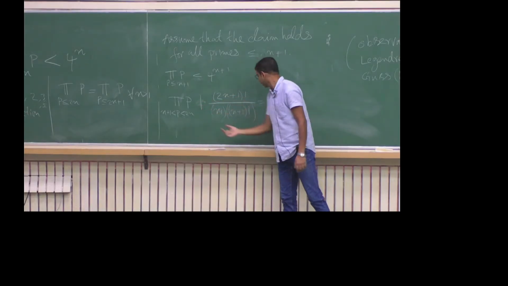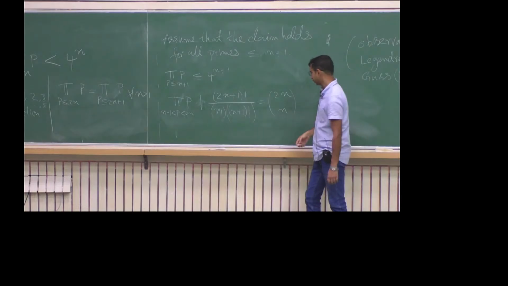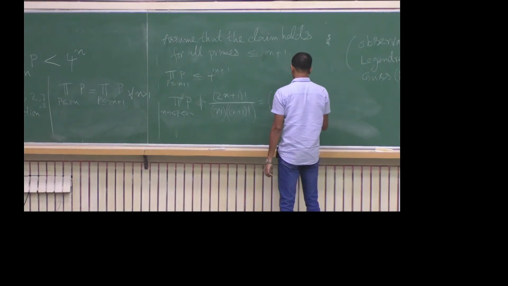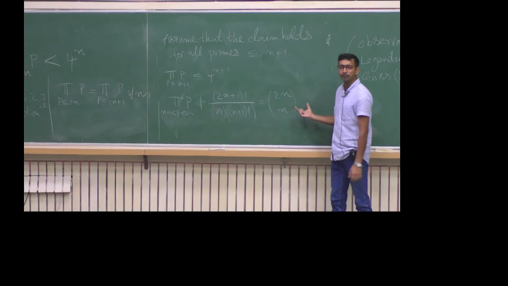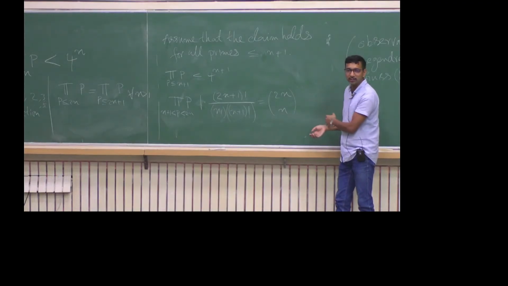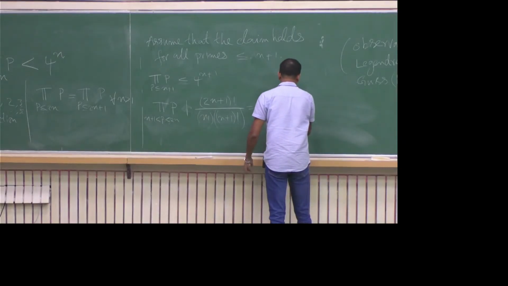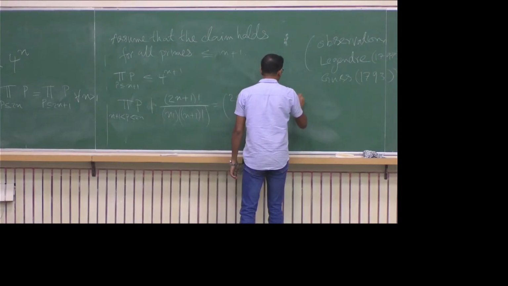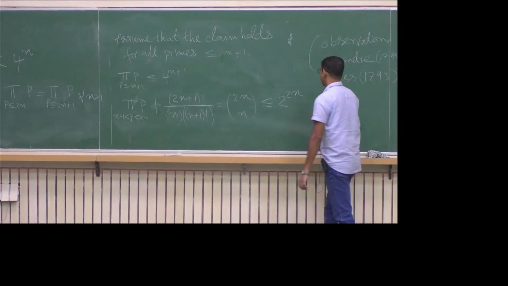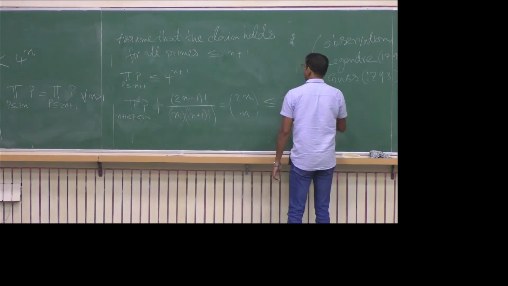So this product divides this, right? And this one is just a coefficient in the expansion of 1 plus x to the power 2n. So put x equal to 1 and get this inequality, that this is less than or equal to 2 to the power 2n, which is equal to 4 to the power n.